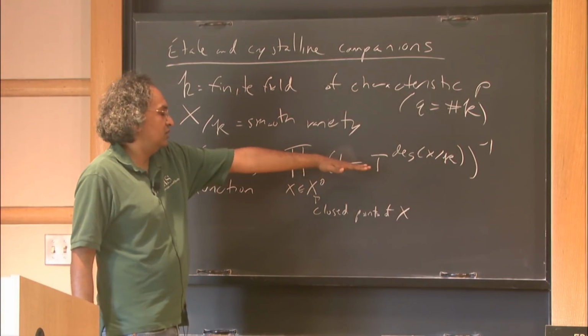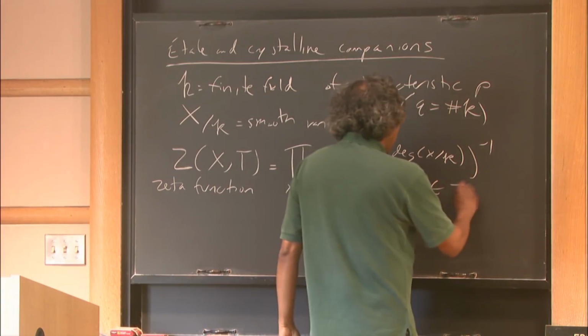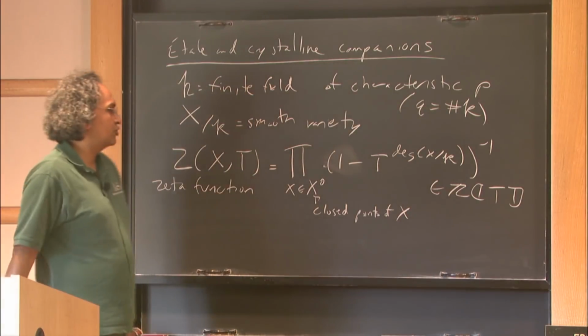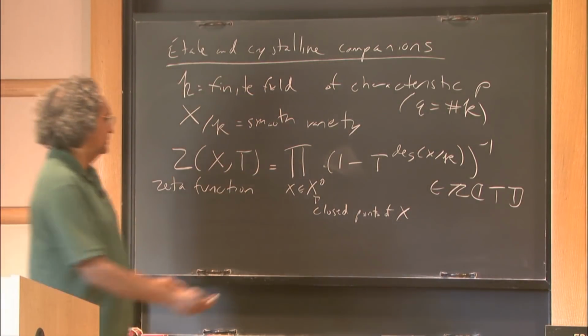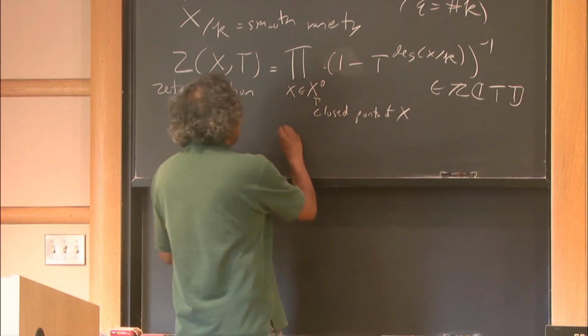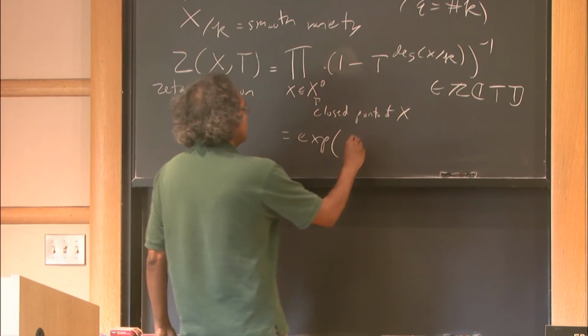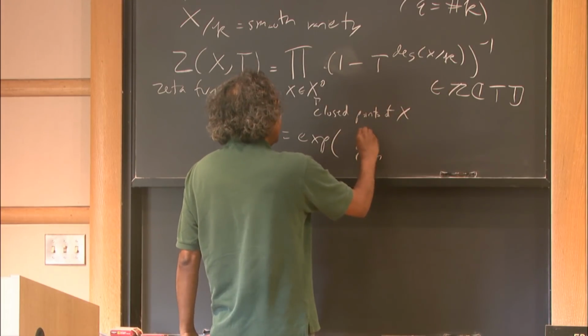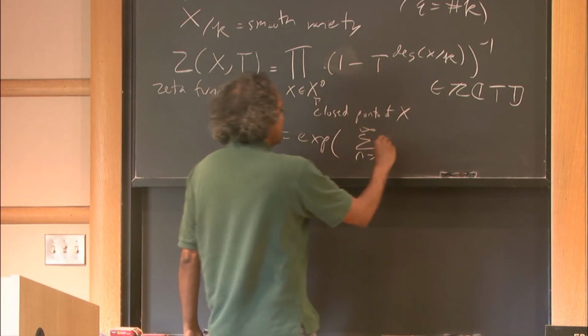This is the expression I'm going to work with, and a priori, I want to think of this as a power series with integer coefficients. I should mention, for the sake of completeness, that when one actually tries to compute examples by hand, you don't generally use this expression.